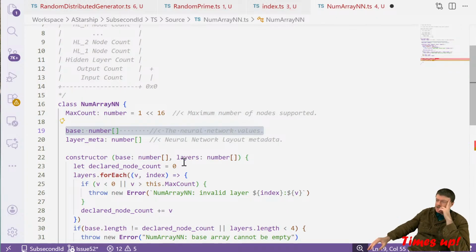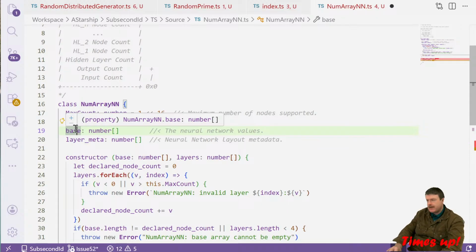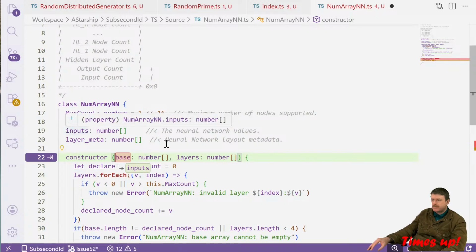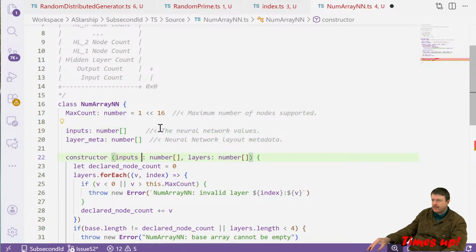Is that in the base? So what is the base? It's like my neural network inputs. Well, let's call it inputs. Then it won't be so confusing, because I honestly feel like my brain is melting just thinking about this.